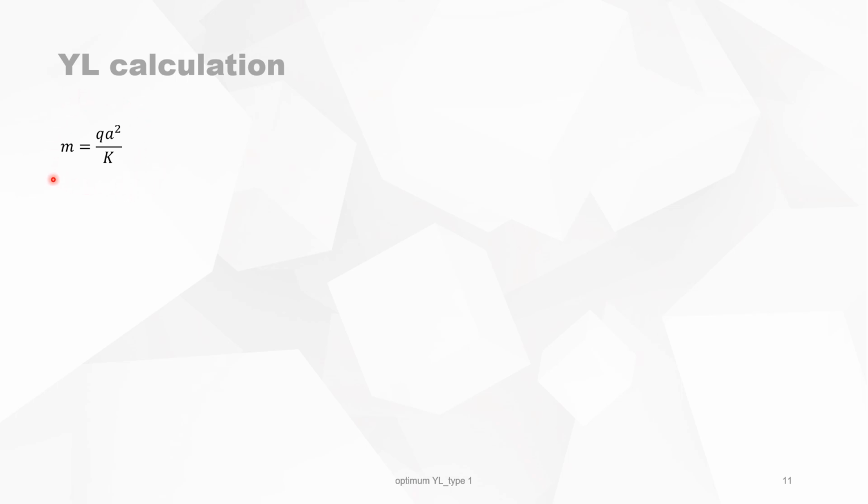We can use a simple way. We can say, for instance, that the bending moment is qa squared divided by a coefficient. And for this coefficient, we can use one of the previous slides, the bending moment M dependent on alpha and x, and we can calculate the factor K now, and it's given by this formula.